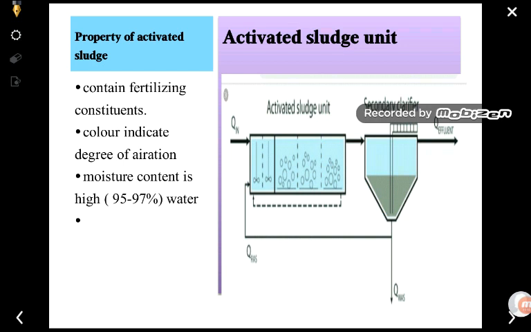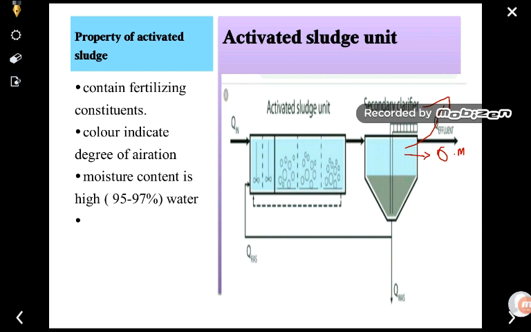The effluent contains a very low amount of organic matter, and it is generally not given any further treatment except chlorination in some cases. You can say that after the secondary clarifier this water is considered to be pure, and no treatment other than chlorination is given.